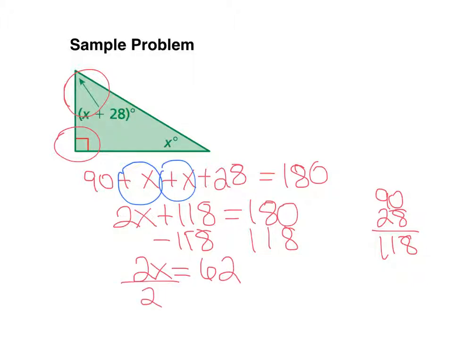Inverse operations say I divide both sides by 2. 62 divided by 2. Well, I know 60 divided by 2 is 30, and 2 divided by 2 is 1, so x must be 31. Pause the movie and copy this sample problem into your notes.